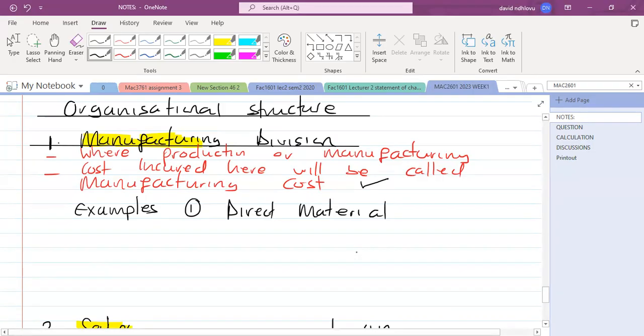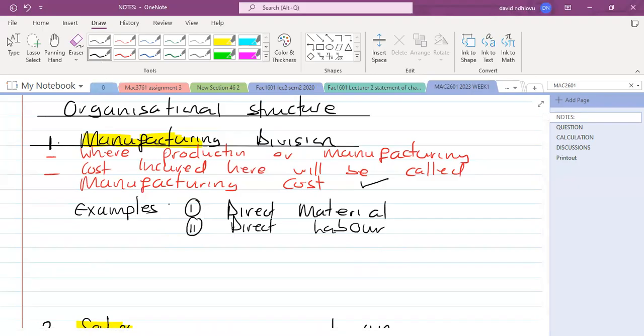Of the manufacturing costs. Secondly, those people that work in the factory and do the actual manufacturing, we call them direct labor. There will always be direct labor in the factory unless you're 100% automated, which is usually impossible. There is usually human intervention somehow in production. So therefore, those people that do actual manufacturing are called direct labor.